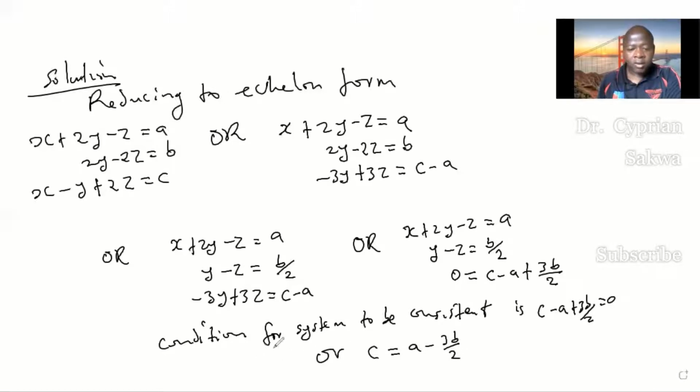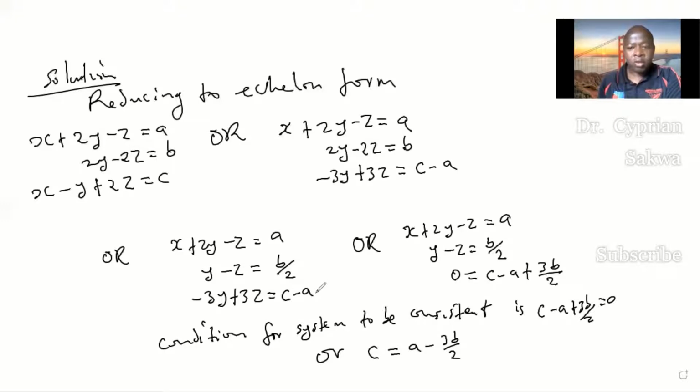This is the condition that should be met by a, b, c so that the given system is consistent. So it's either this or this. What you just realize is that since the left side is 0, the right side must also be 0 so that the system has a solution.